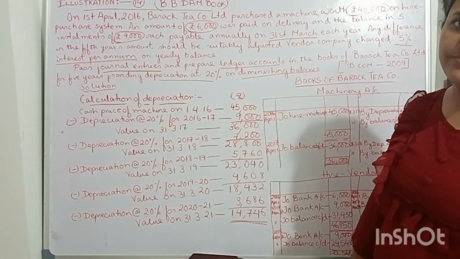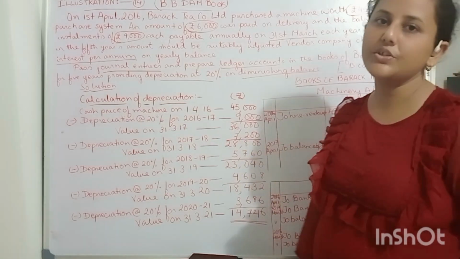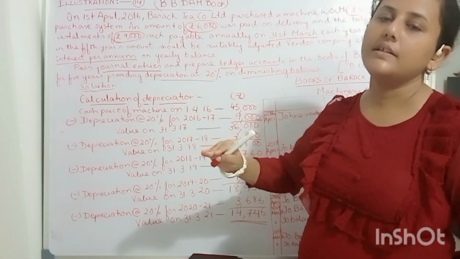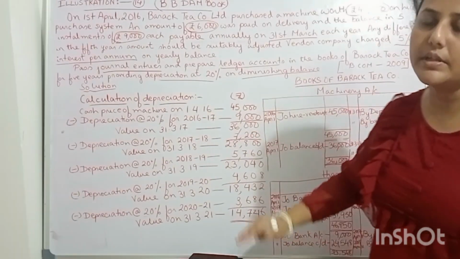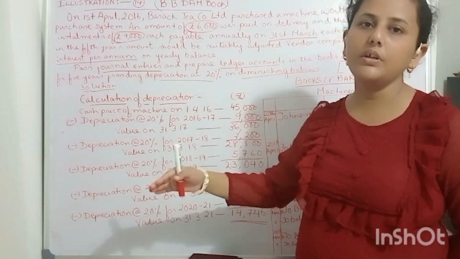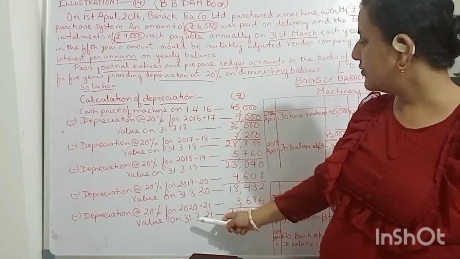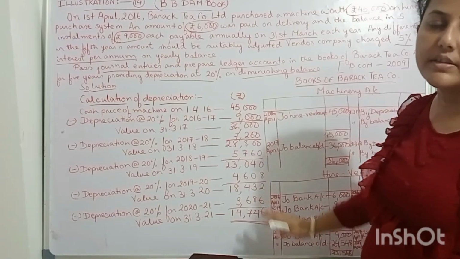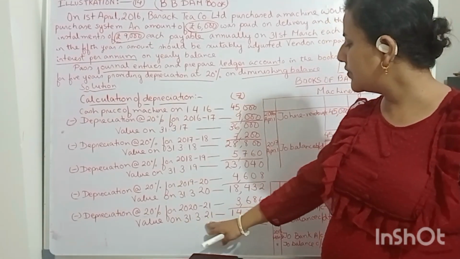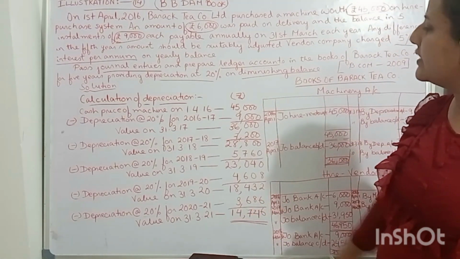Every year the depreciation will keep on decreasing, as the rate is applied on the balancing amount, the value of machinery for the next year. That is how it is calculated for 5 years. So the value on 31st March 2021 will be 14,746. It is very easy.